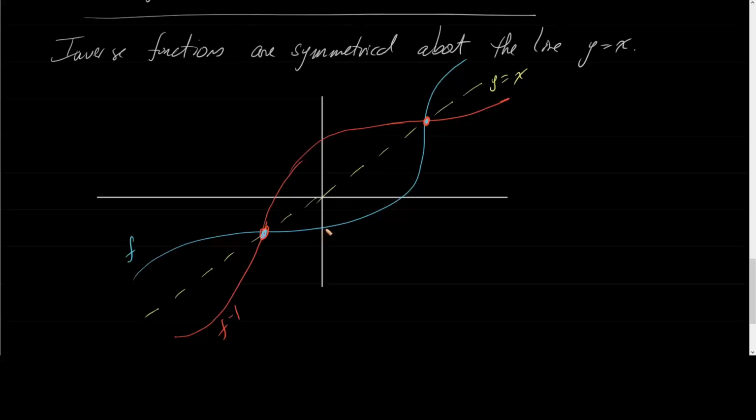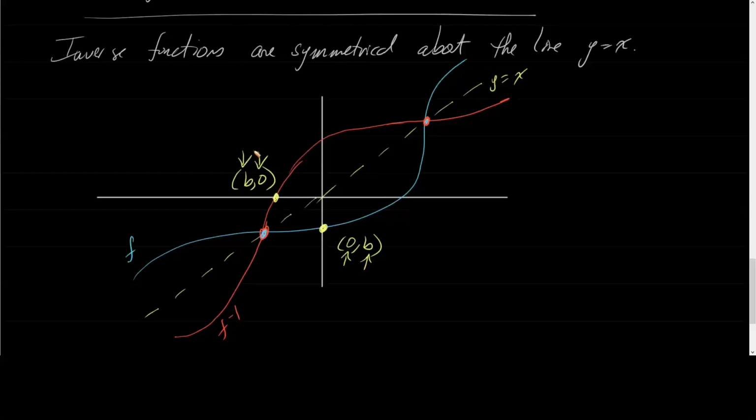Well, let's take a look at this. This point right here, let's say that that's 0 comma b. All right, some value b. Well, this point over here would be b comma 0. All right, because the domain and the range switch. So this x value becomes the y value, and this y value becomes the x value.